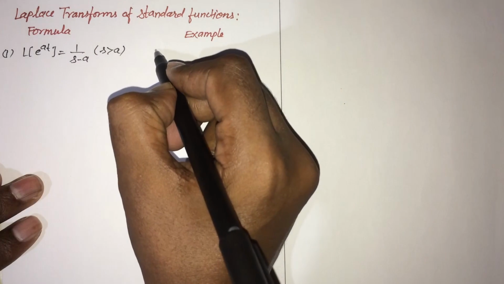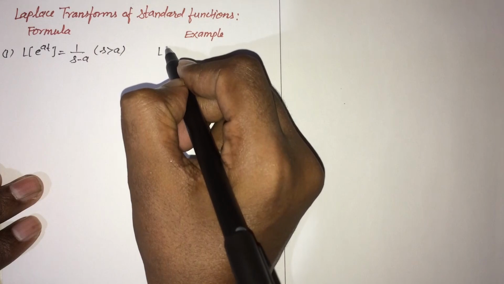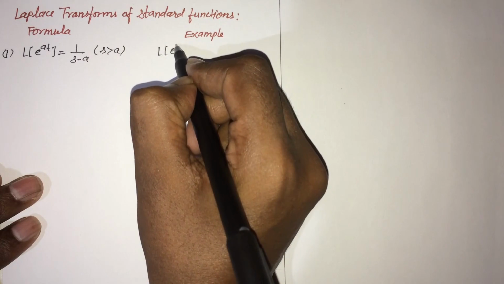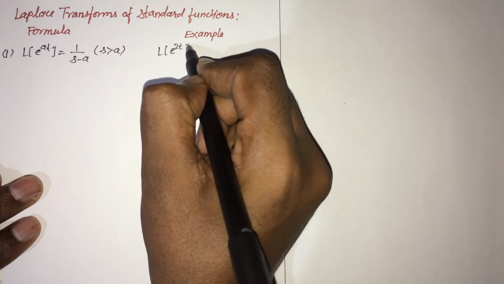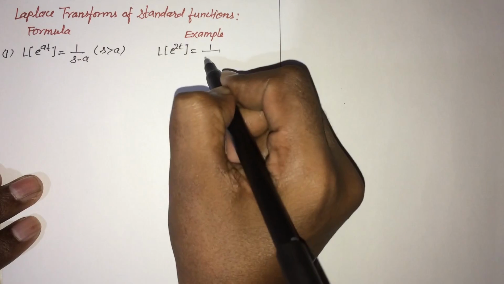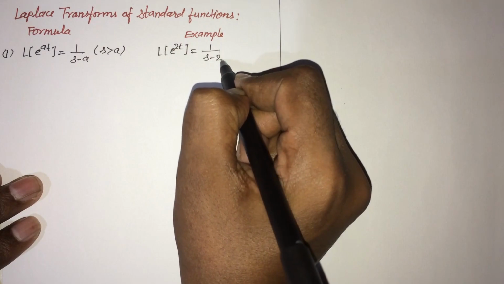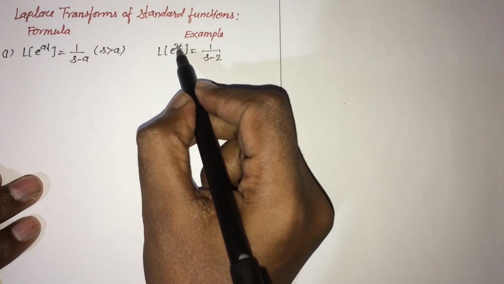An example: Laplace transform of e raised to 2t is equal to 1 upon s minus 2. Here constant a is 2.